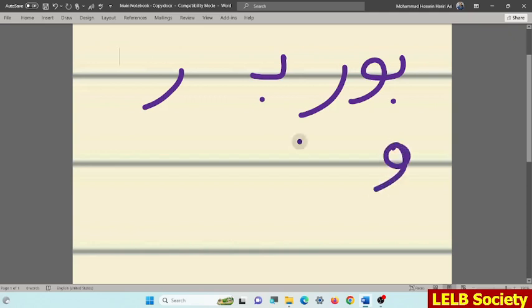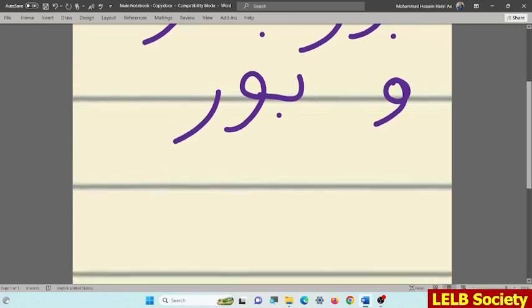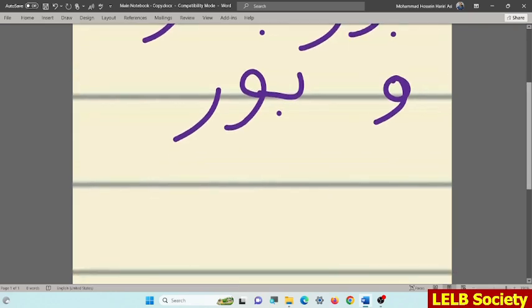So you just write be plus u plus re, and the outcome would be bur. Bur in Farsi means blonde. I just try to choose some simple words in Farsi that are spelled out very simply. So bur.